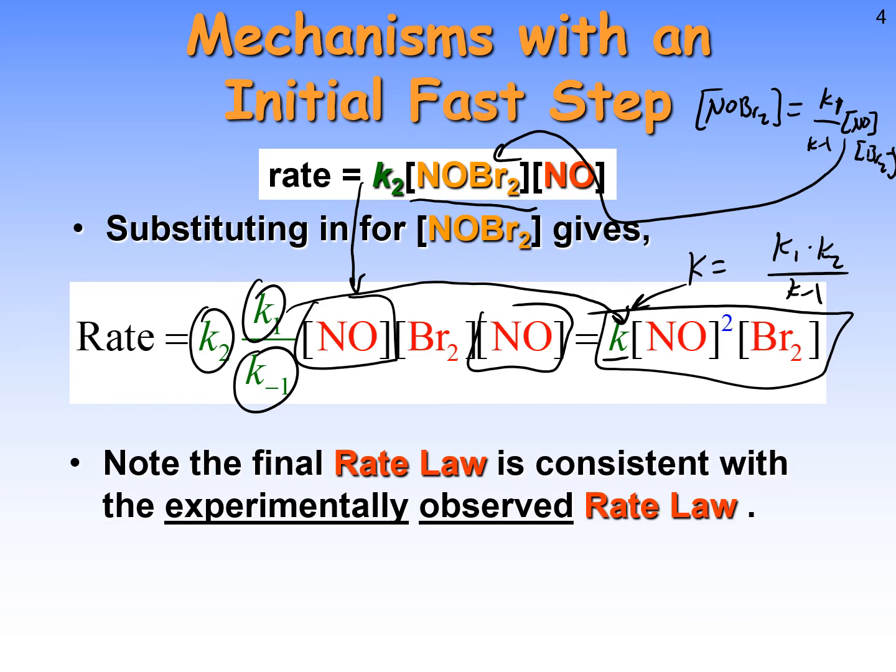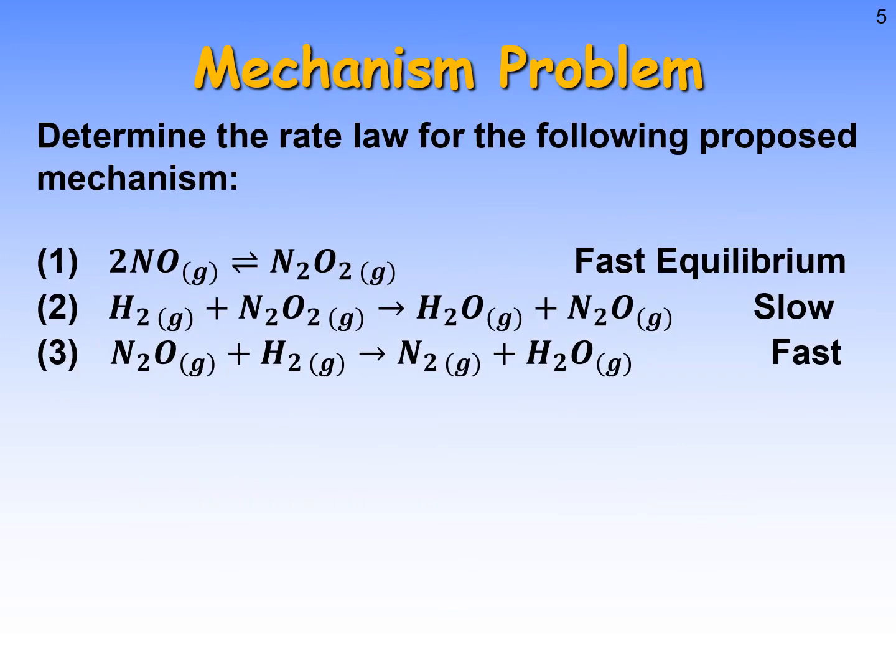It's not a for sure thing, because it's not the only thing that could be. I could come up with two mechanisms that both give the same experimental rate law, but are different. So you've got to be careful with saying this mechanism is fully correct. No, we need to investigate a little bit more, but this at least is a plausible reaction mechanism for this overall reaction. So let's do another problem.